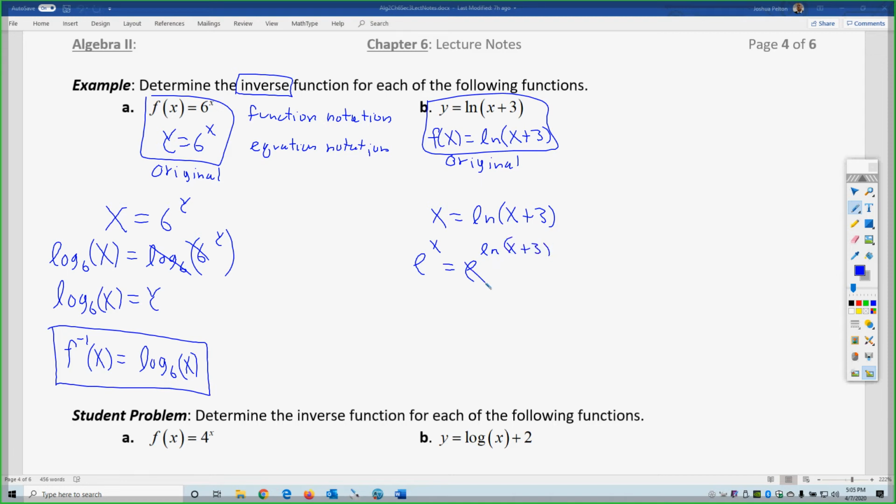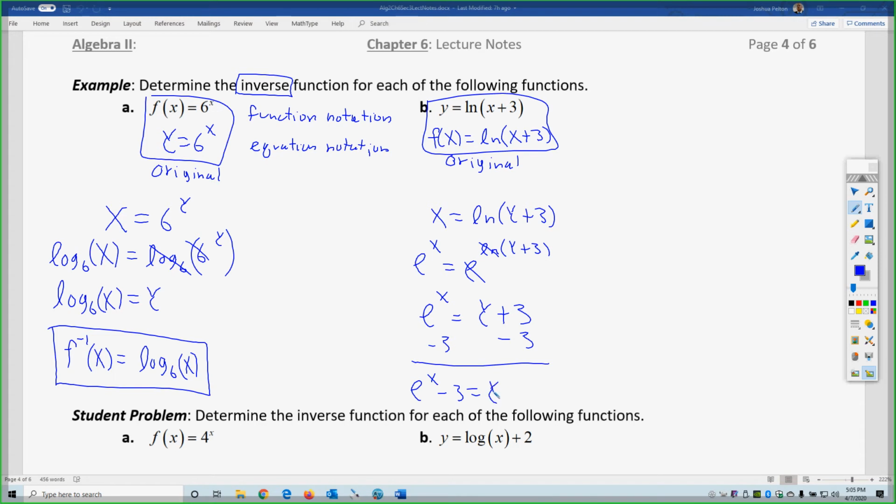So that'll cancel. Then with e to the x, oops, I'm sorry, that's supposed to be a y. I was supposed to switch the variables and I didn't do it. Okay, so that leaves me with y plus 3, so I'll subtract 3. So e to the x minus 3 equals y.